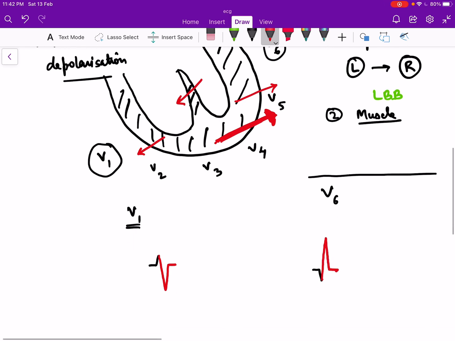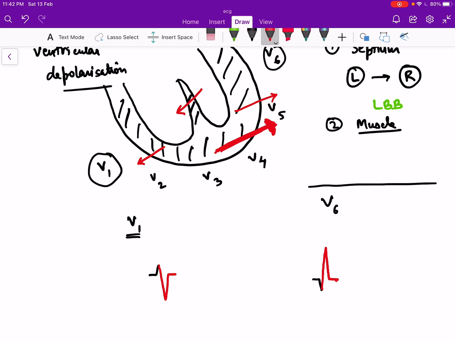This is the case of a normal individual, where in lead V1 we get RS complexes, whereas in lead V6 we get QR complexes, where Q denotes the smaller amplitude and R denotes the larger amplitude.